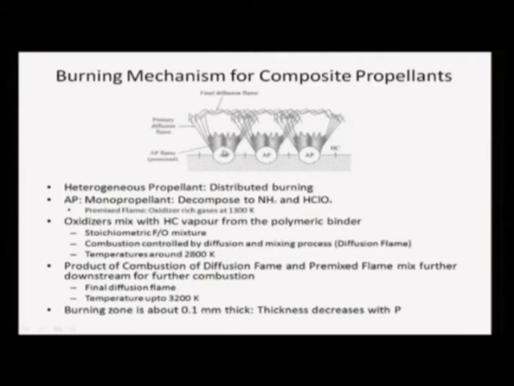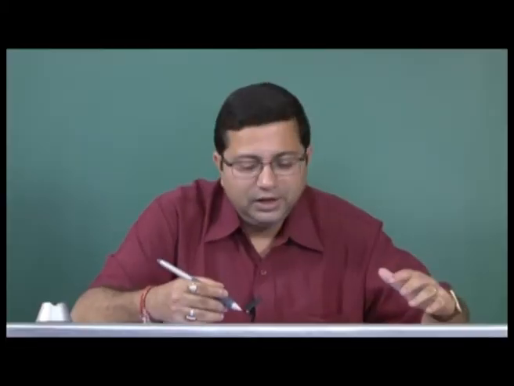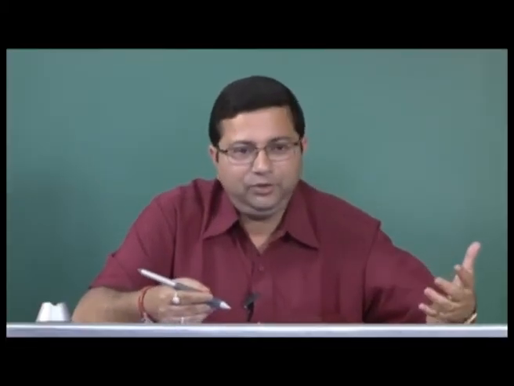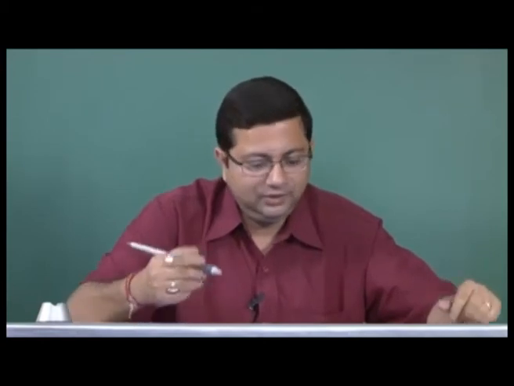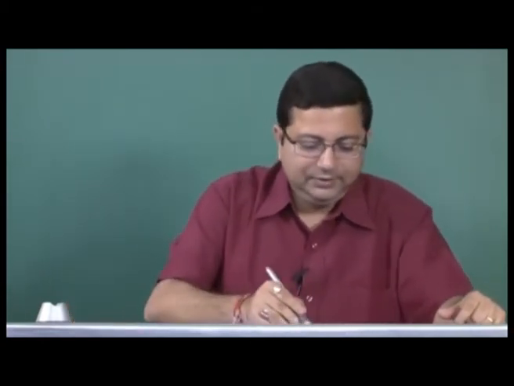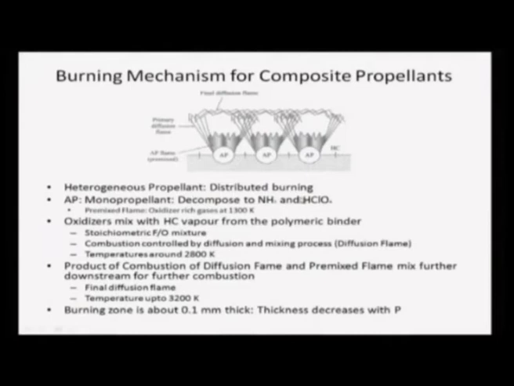As you can see, the burn rate is not constant everywhere. Locally there is some higher burning, and in other places lower burning, and finally away from the surface we get a fairly constant flame. But in between there is a lot of inhomogeneity in the entire process because of the heterogeneous nature of the propellant. Since the propellant is heterogeneous, we have distributed burning.